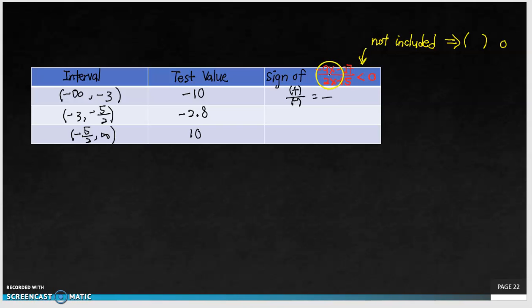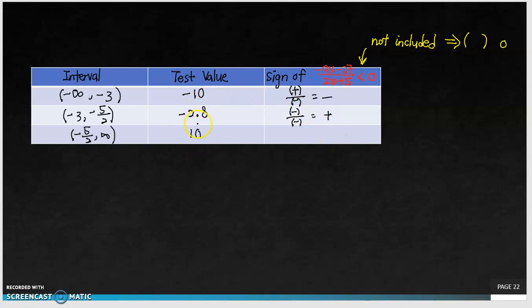The second sign, negative 2.8. You can use your calculator. Negative 9 times negative 2.8 is 25.2. Minus 27 will become negative. Again, 2 times negative 2.8 plus 5 is positive. So here is negative over positive, which is negative.